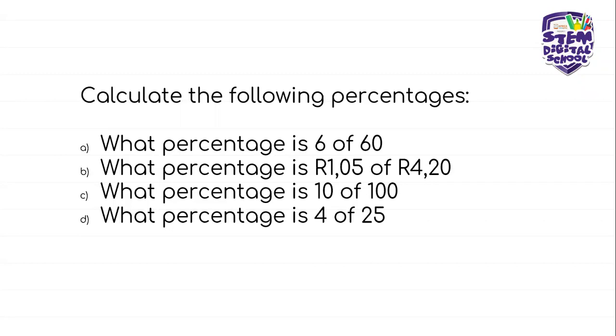So all that you need to do is to divide. You'll say that 1.05 divided by 4.20. And thereafter, you multiply your decimal fraction by 100.